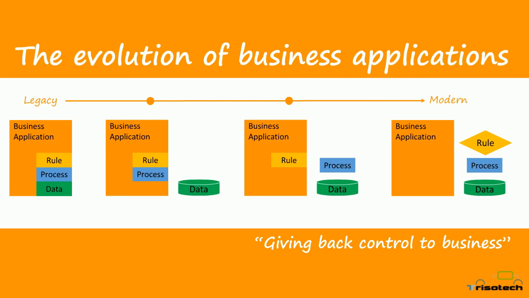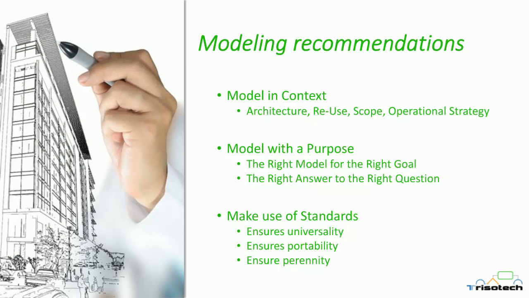With legacy systems having a monolithic type of architecture, nowadays we're looking at extracting data, process, and rules right out of these models. So as we're tackling modeling, we have to make sure that we model in context, that we model with a purpose, and that we make use of standards.